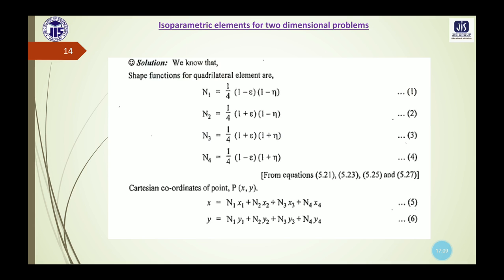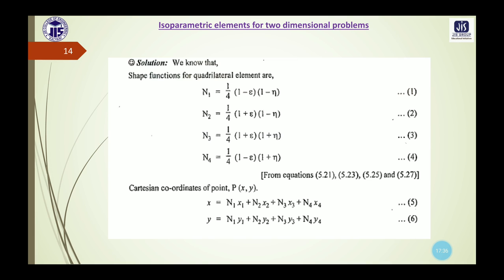So first we will start with the formula of the shape functions. The formula for the 4 different shape functions corresponding to the 4 different nodes of a quadrilateral element, in case of any isoparametric element, is given as n1 equals 1/4 (1 minus epsilon) into (1 minus eta). This is our equation number 1.